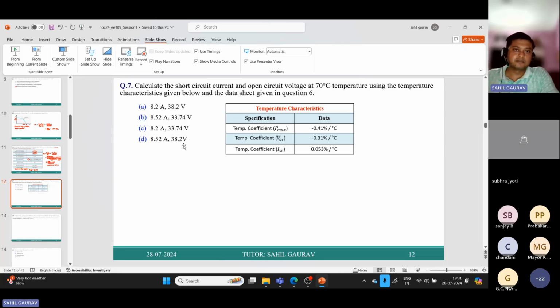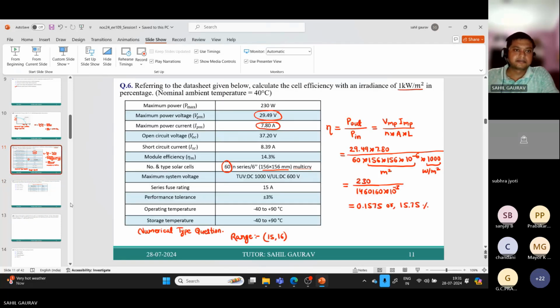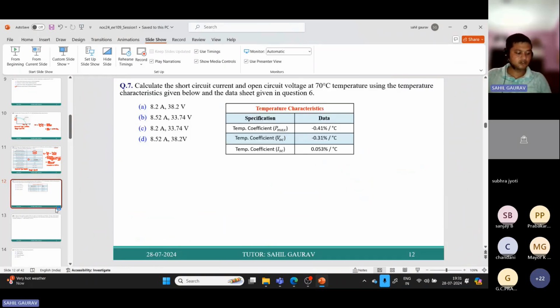So based on the previous problem, here we have been given the temperature coefficient for maximum power, open circuit voltage and short circuit current, and you need to find the short circuit current and open circuit voltage at 70 °C. So I will write here the open circuit voltage and short circuit current at the ambient temperature so that you can solve the problem.